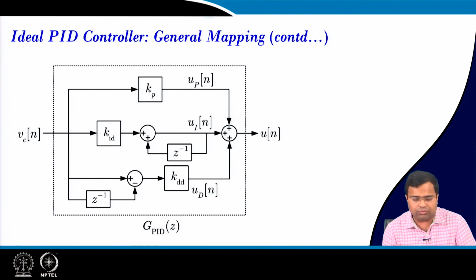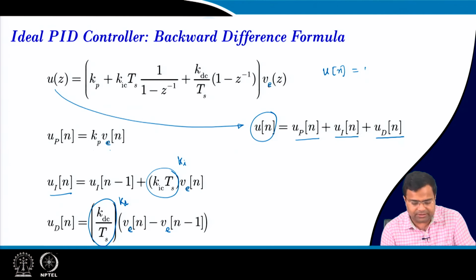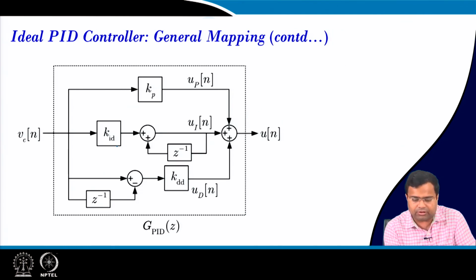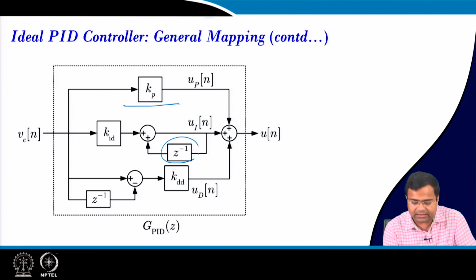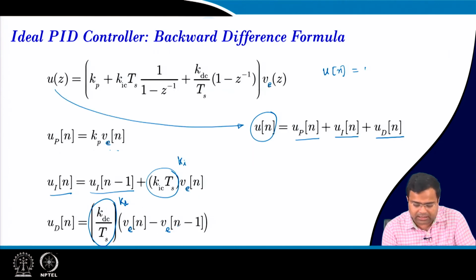So, if you want to realize this ideal PID controller, the first term is straightforward. The second term has the z inverse delay term, which is in the feedback path, and the third term needs a delay and then a subtraction.